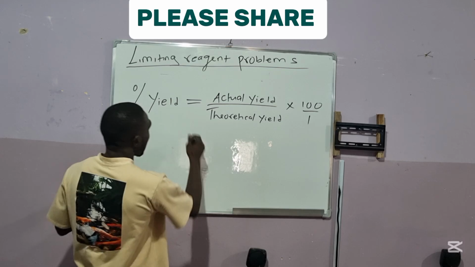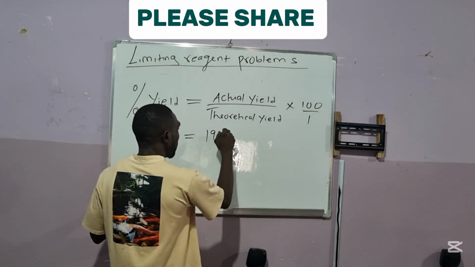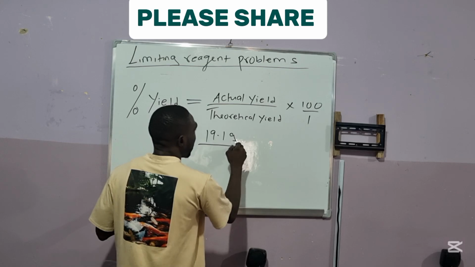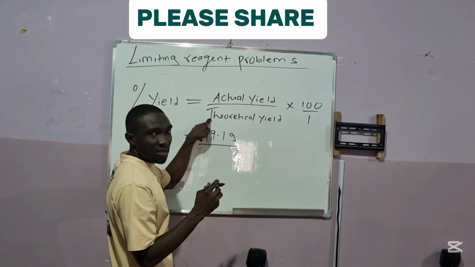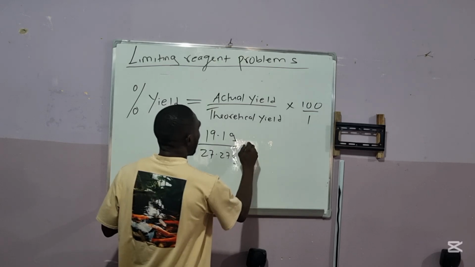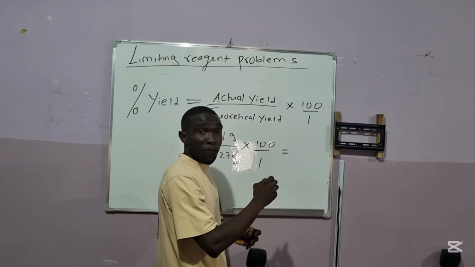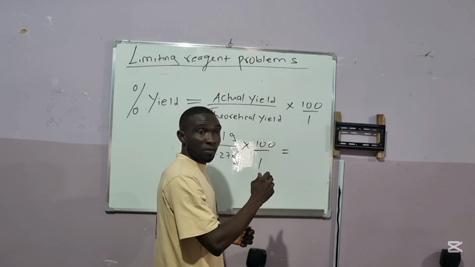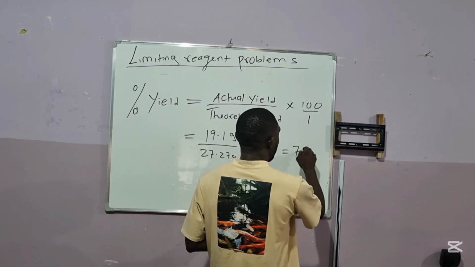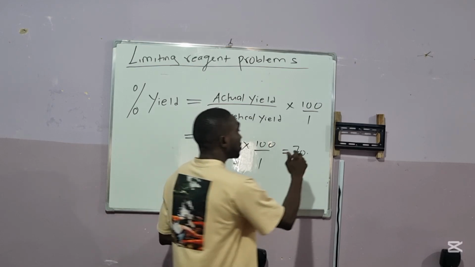So I have that percentage yield is given as 19.1 grams all over my theoretical yield, 27.27 grams, times 100. So what's my final answer here? That's 70.04%.